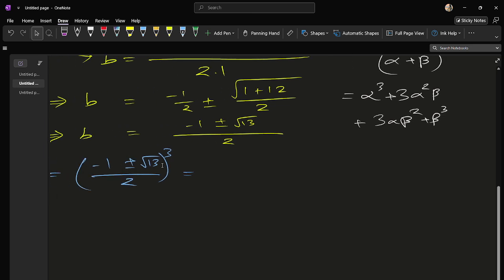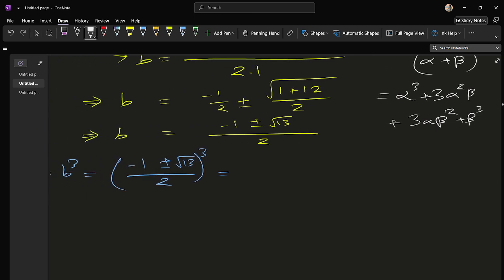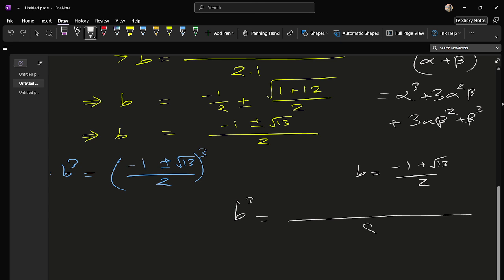So now what can be done here? Firstly, take the plus sign, that means b is (-1 plus root 13) by 2. So our b cube will be, below will be 8.